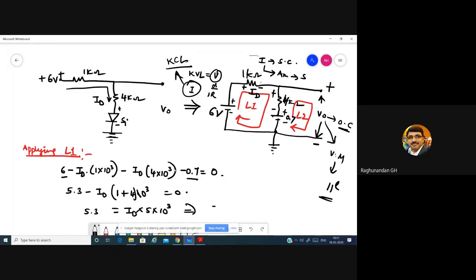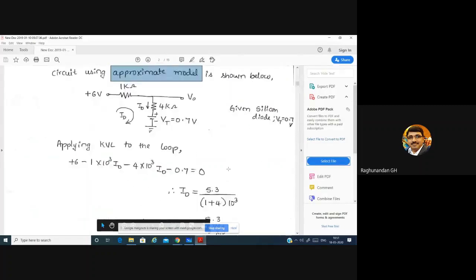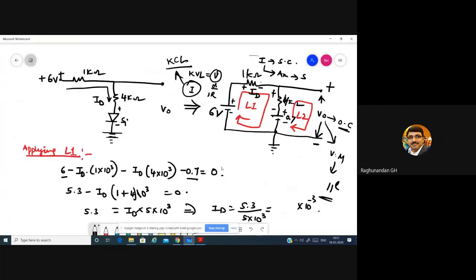This implies ID is equal to 5.3 divided by 5 into 10 to the power of 3. The corresponding value we have got is 1.06. Since it is 10 to the power of minus 3, we can write it as 1.06 milliamperes.